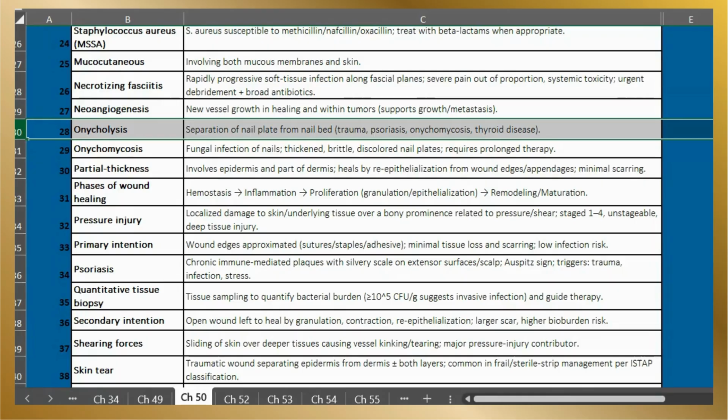Onycholysis. So we know lysis is loosen, and onycho is nail. So it's the separation of the nail plate from the nail bed: trauma, psoriasis, onychomycosis, thyroid disease.